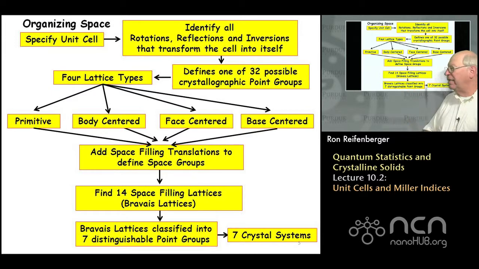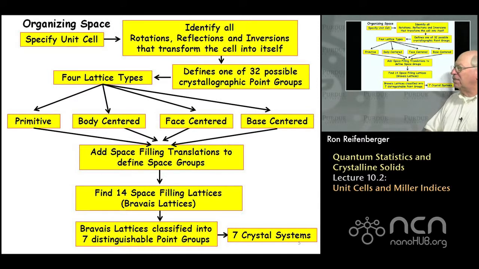You then have to translate that unit cell through space to produce the entire crystallographic collection of atoms, and that translation of these lattice types has to fill all space, and that allows you to define space groups that characterize these different translations.